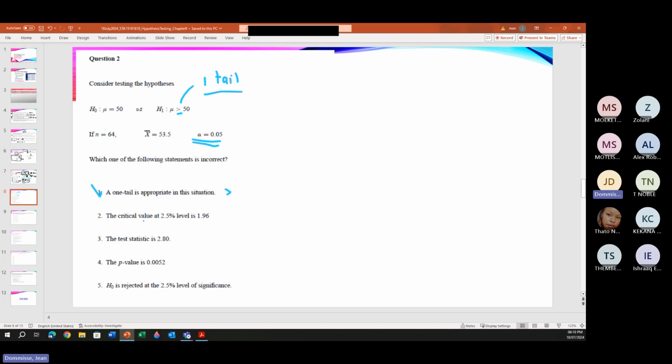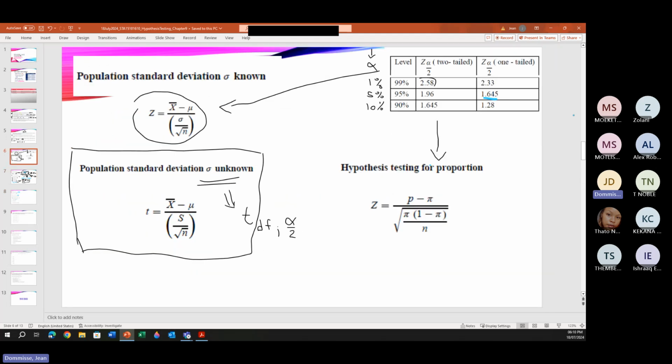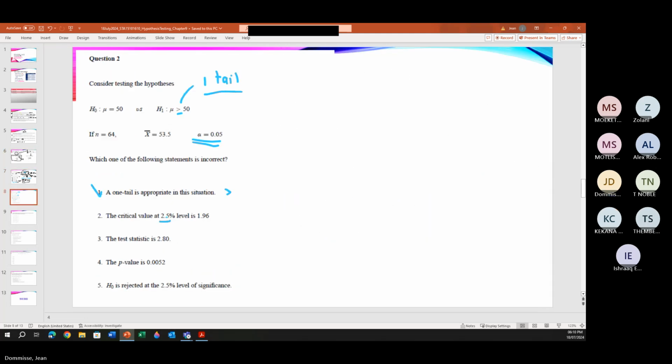So they ask us the critical value at 2,5%. So they've mixed up this question a bit. Critical value at 2,5%. So it is 5%. It's definitely not that. I don't know what that is.